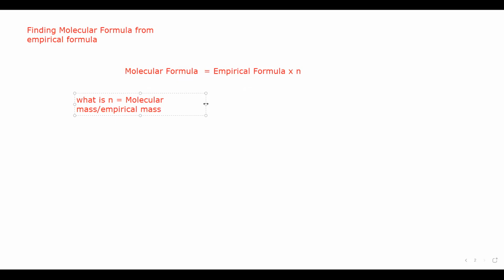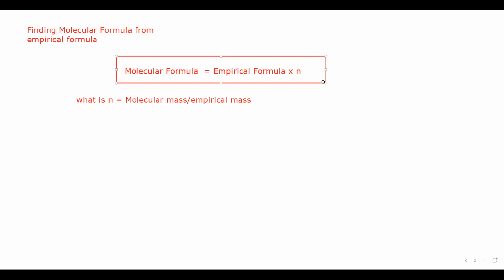So I will solve an example so you will understand how it can be done, how from the empirical formula we can find the molecular formula. The molecular formula is the empirical formula multiplied by n, and n is the molecular mass divided by empirical mass.